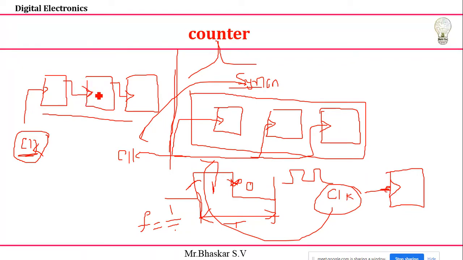This output connection varies depending on the counter. Sometimes you connect the Q value, and sometimes the Q bar. It depends on the type of counter. We'll see how to connect it and how we get the counts in the next slides.